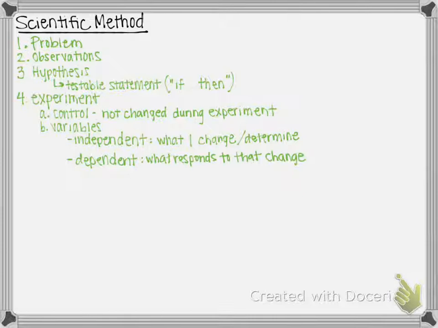So in the example that I just used, the dependent variable would be how much the plant grows. I can't tell the plant to grow a certain amount, but what I can change is the amount of fertilizer I put in, and what responds to that, the dependent variable, would be the growth of the plant.